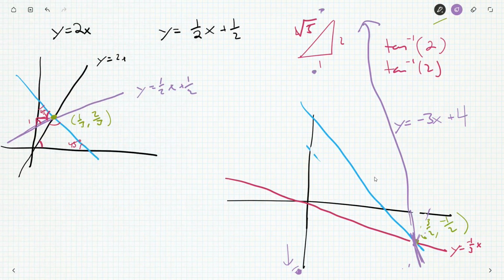All right. So I still buy that that's a proper looking reflection right there. Maybe if I drew the picture a little further out.